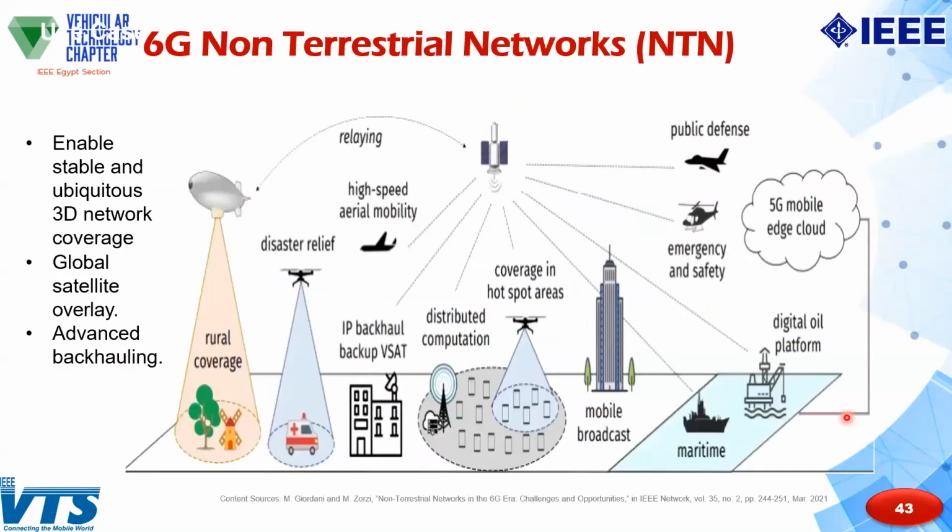The non-terrestrial network, as you see in this figure, is the intercommunication between public defense, emergency or safety, as well as base station units, all connected to each other. This is suitable for different applications, and 6G can accommodate different layers of telecommunication facilities.